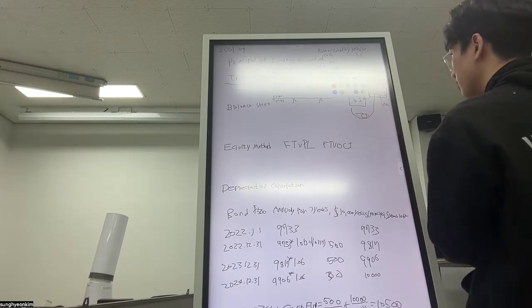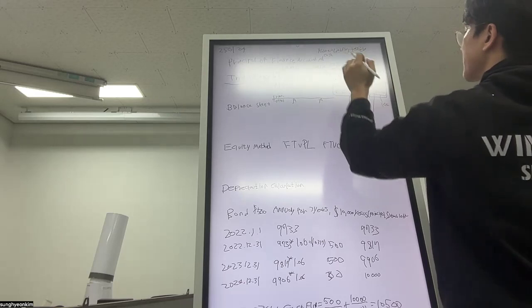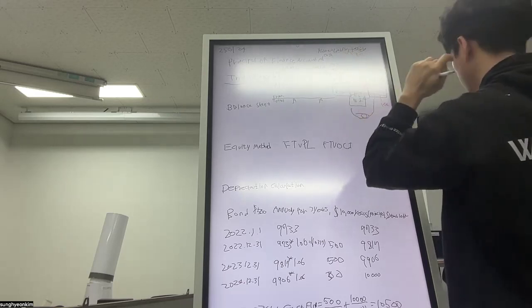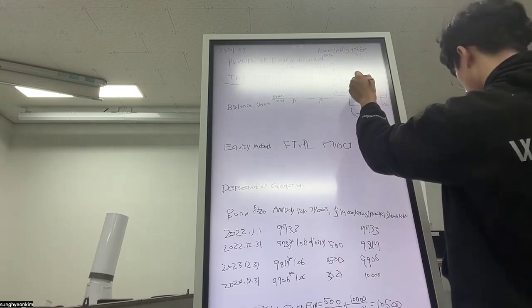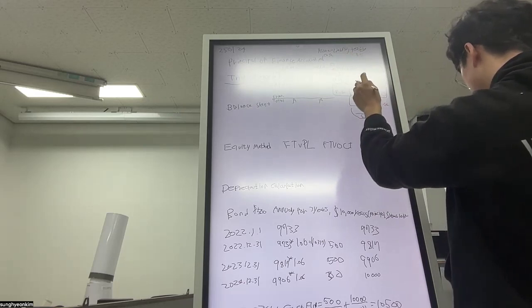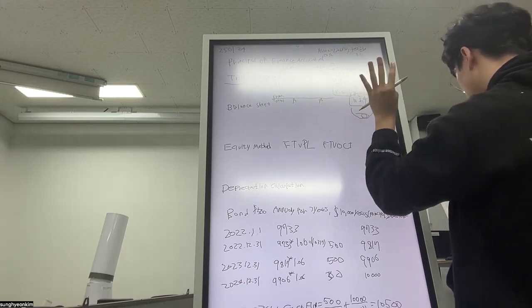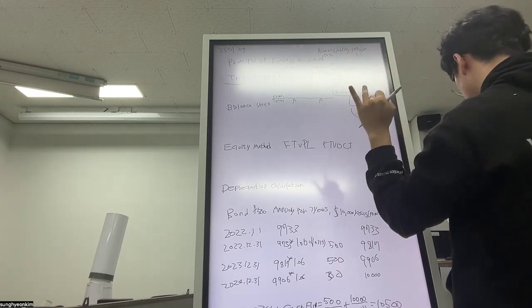It will also be good for you to know in each statement how the plus and minus goes. Like the statement of cash flow, the net change in cash is reflected in operating activities, investing activities, and financing activities.